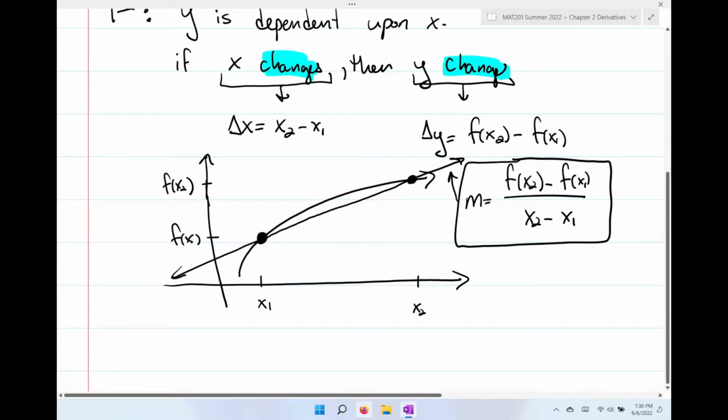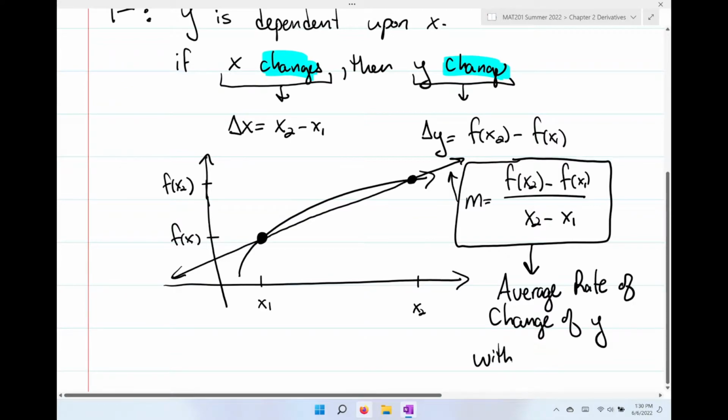If you've had me in the past, I drill this concept as much as I can. This is what we call the average rate of change of y with respect to x.